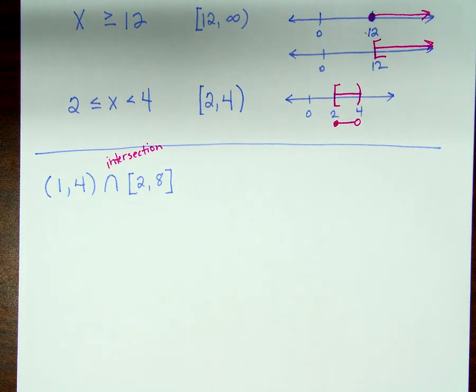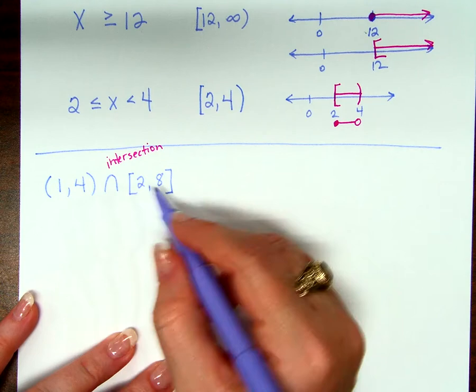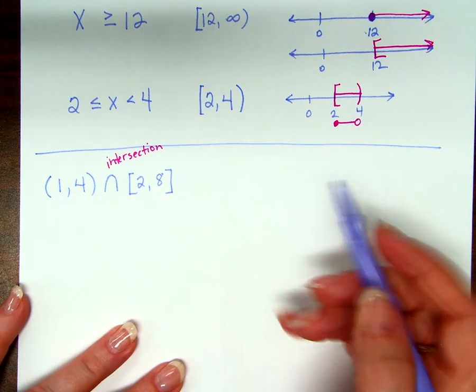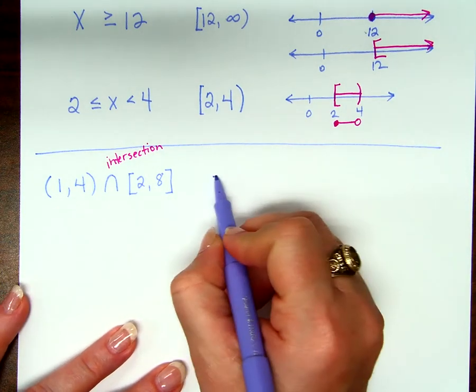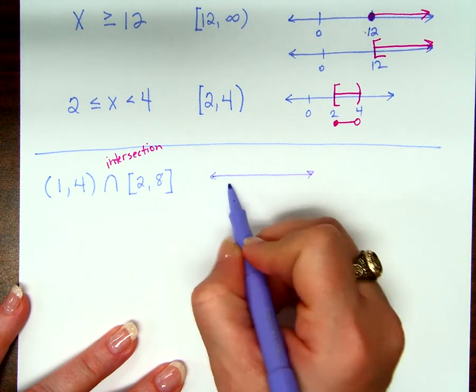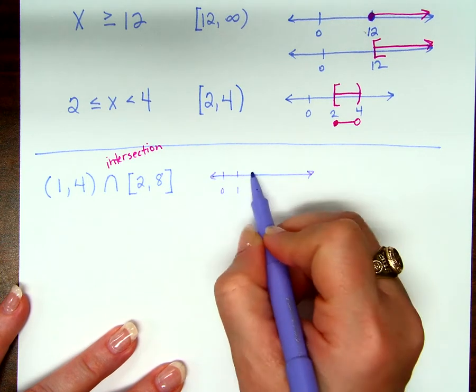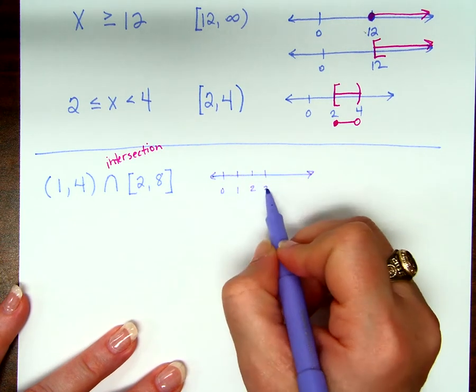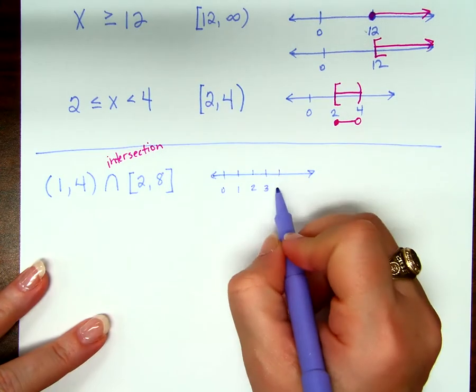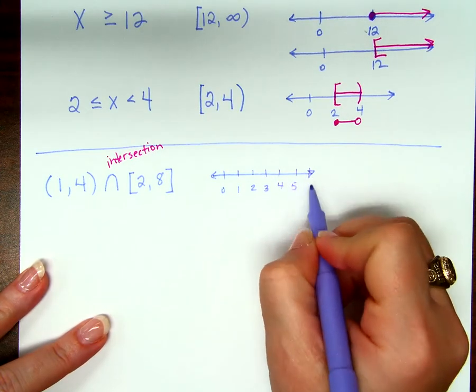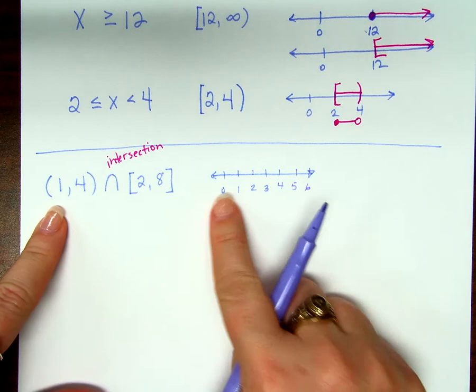Okay? So one way that you could do that is you could graph both of them and see where they both overlap, just in their graph. I'm not saying it's the only way. I'm saying it's one way. So if I graph just the first one, 0, 1, 2, 3, 4, 5, 6, and it goes from 1 to 4.